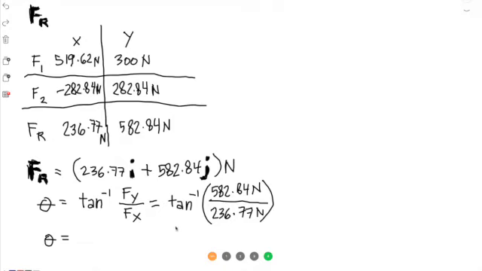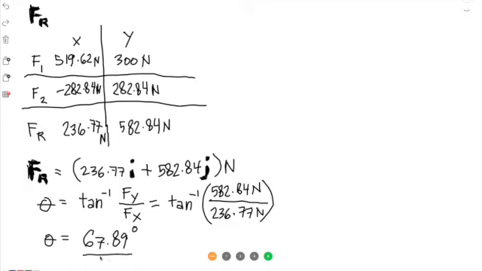I'm sorry, I skipped the magnitude. We went directly to the angle. Okay, so let me do that again. So I have here 67.89 degrees.